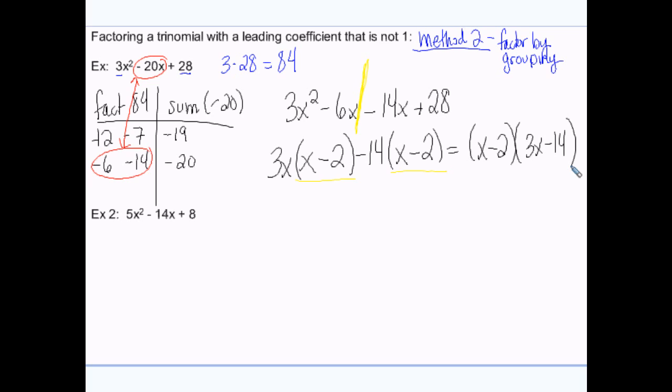Let's try this one. First thing we do is we multiply those two numbers together, 5 and 8. Okay, so we have 40.